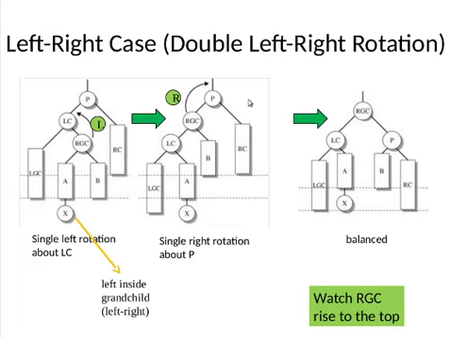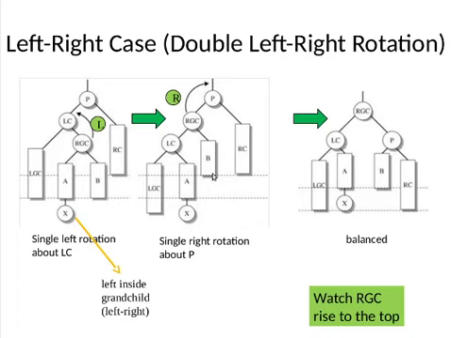Let's now discuss the step 2, that is the right rotation at P. As mentioned on the slide, RGC moves upwards and P becomes its right child. Note that this rearrangement does not violate the binary search tree property, as the value of P is greater than the value of RGC.